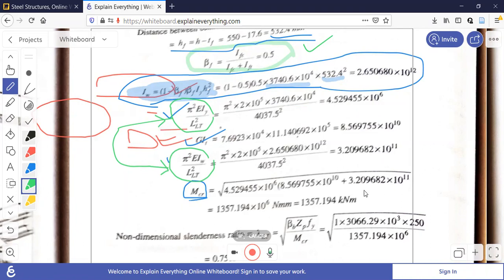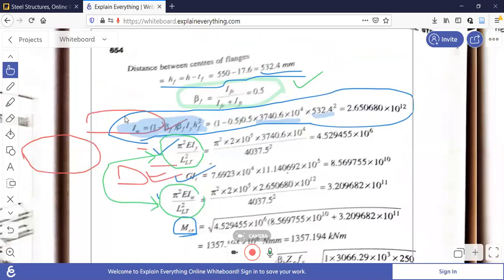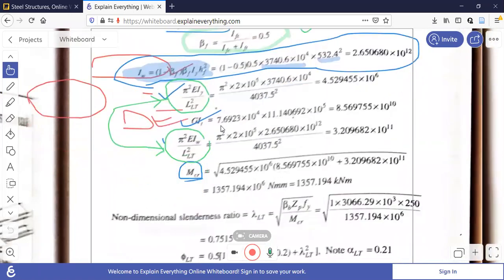So all these calculations are required for the calculation of MCR. You substitute those corresponding values. IW I just calculated. IW is not there in the steel table, IY is there in the steel table. That is why I did all this exercise, whatever I told you here, beta F and all these things, to calculate IW, which is required here.